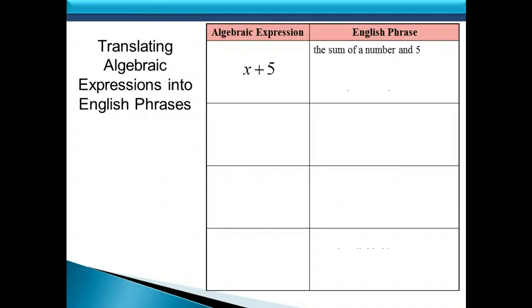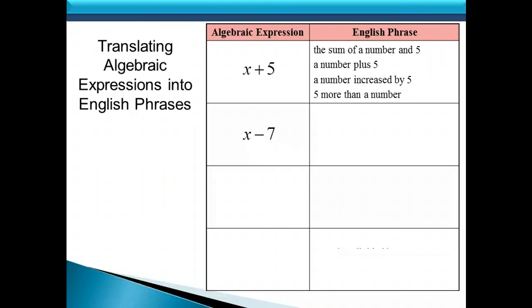We don't know what number x is, so we'll just call it a number. We could also say this is a number plus 5, a number increased by 5, or 5 more than a number. All of those would represent the algebraic expression x plus 5.